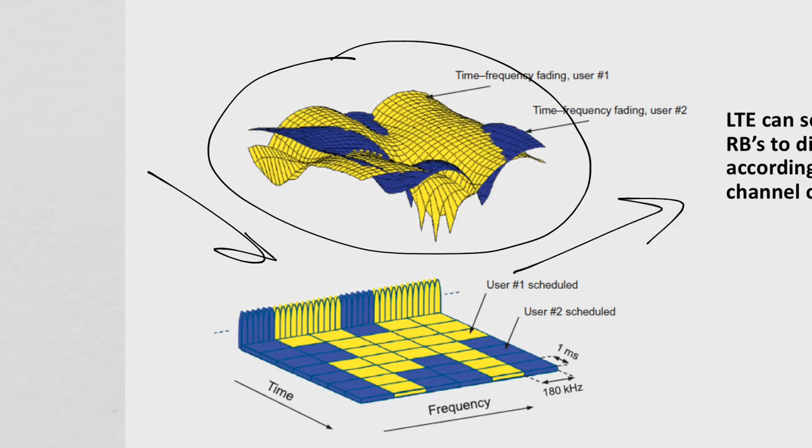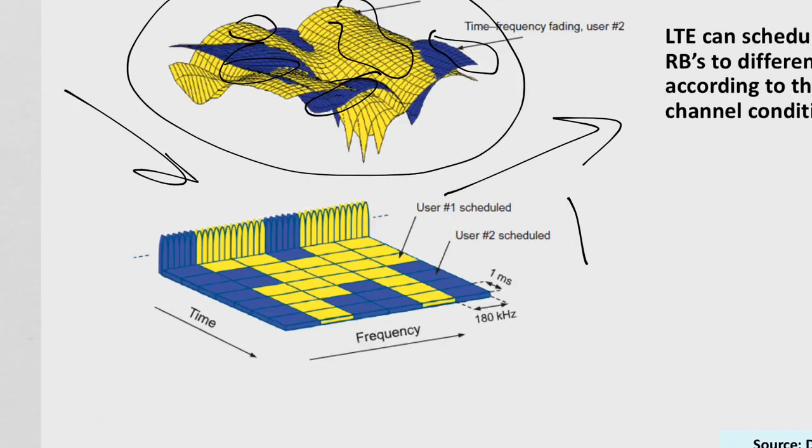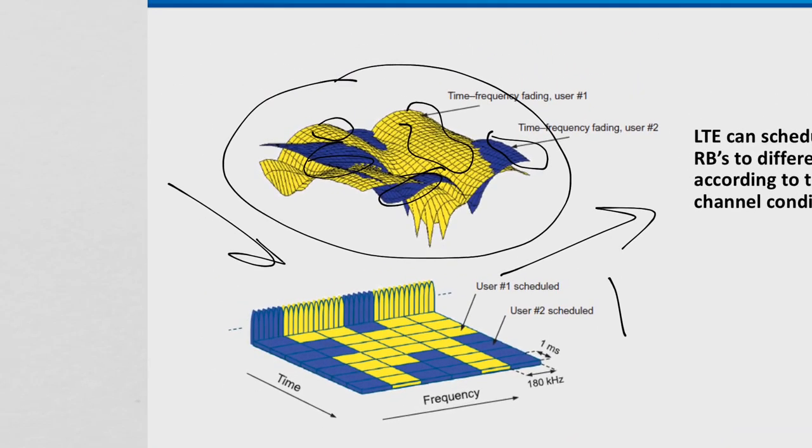You can see some time-frequency instances where gold is better, user 1's better. Out here, gold's better. But in other places, blue is better, user 2's better. You can see different spots here where user 2 is going to be better. So what LTE does is it tries to schedule resource blocks at each given time instance to whichever user has the better channel conditions.